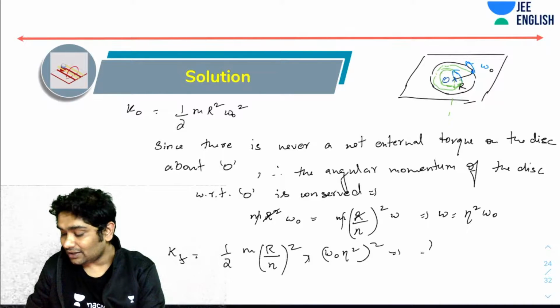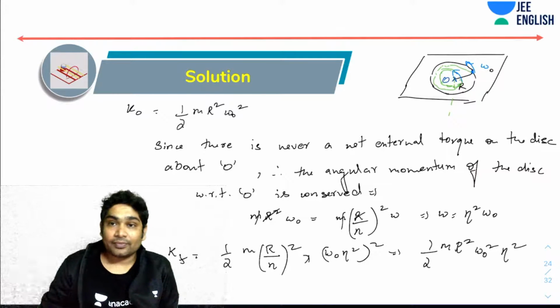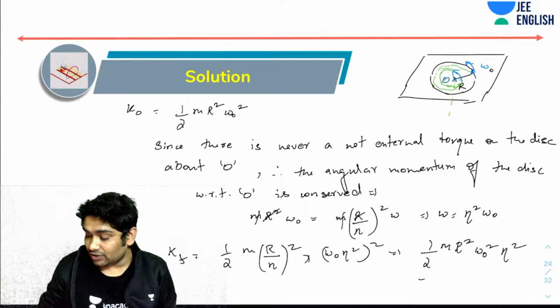So what you are getting is half m r square omega naught square eta square. Correct. So this is eta square times K naught.